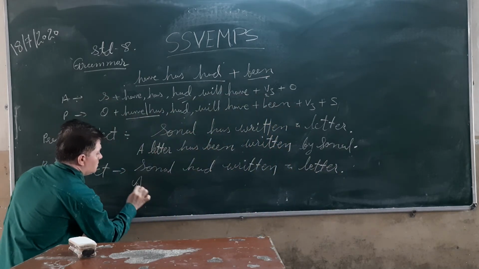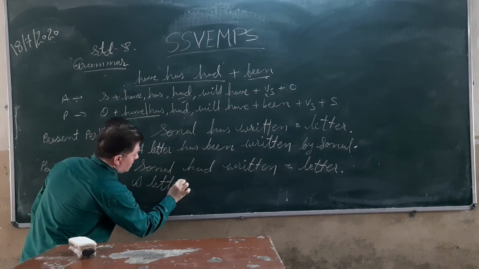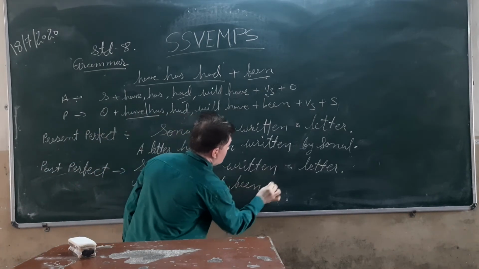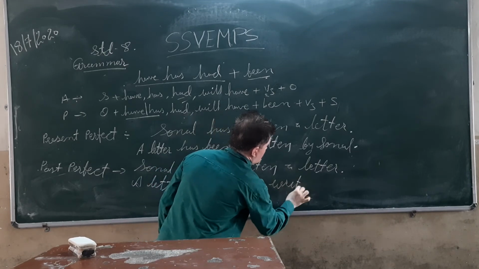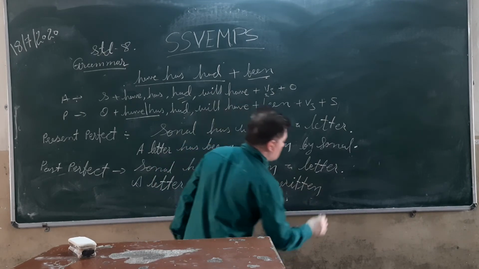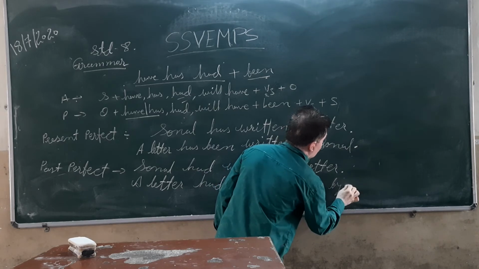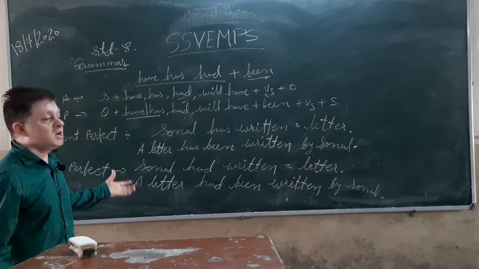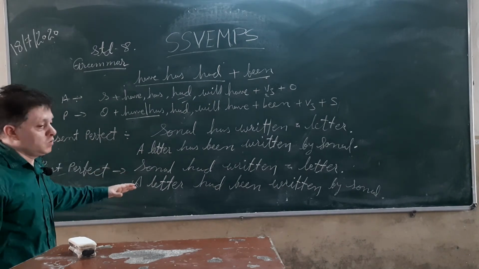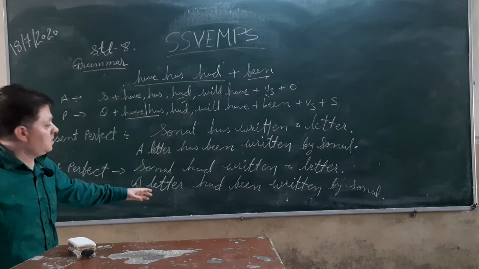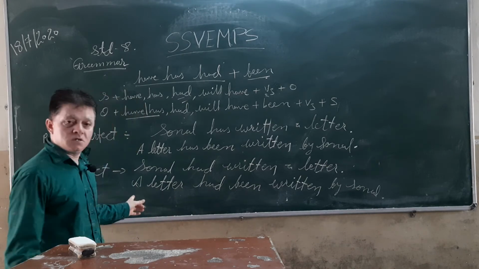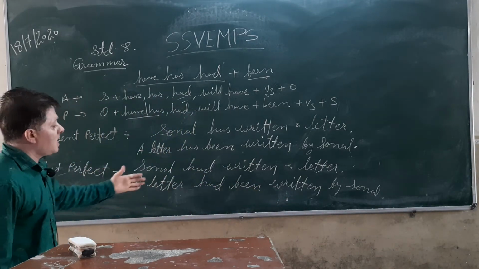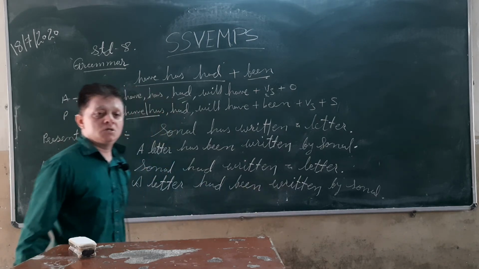So a letter had been written by Sooner. Can you understand, dear friends? This is the way you can write. So a letter had been written by Sonal.